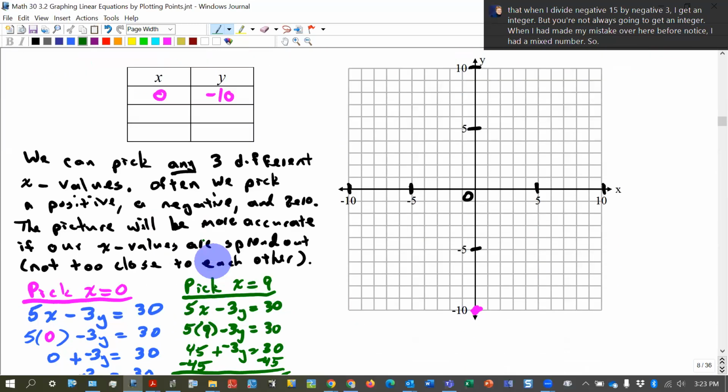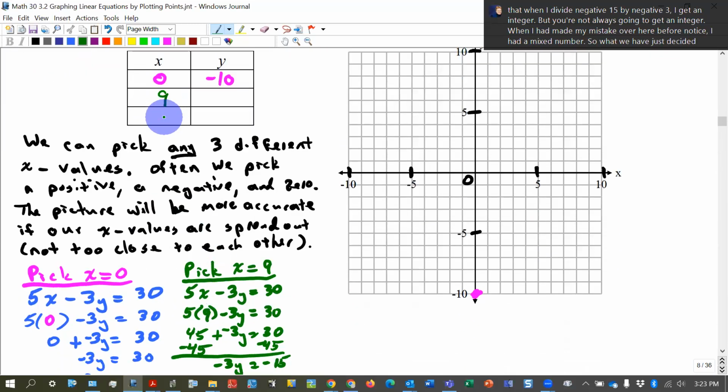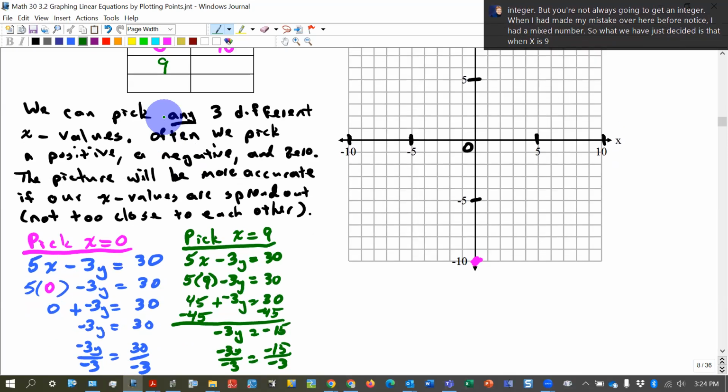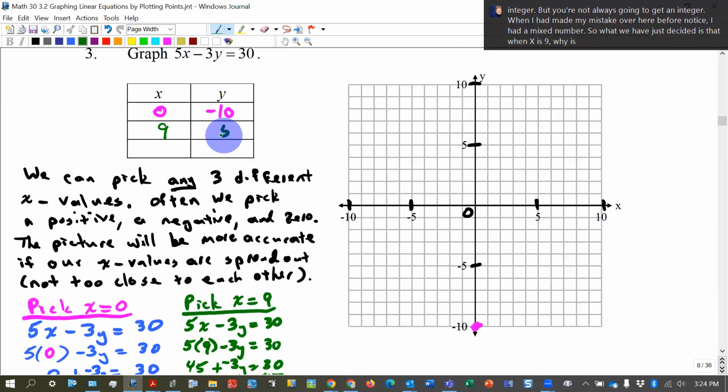So what we have just decided is that when x is 9, y is 5. So 9, 5 is there. So I probably don't want to pick a negative number now for x because my line is going to be down here, assuming that I graphed both of these correctly.